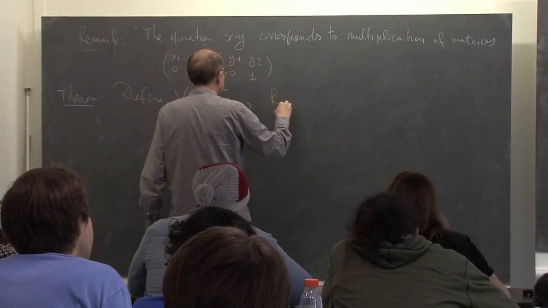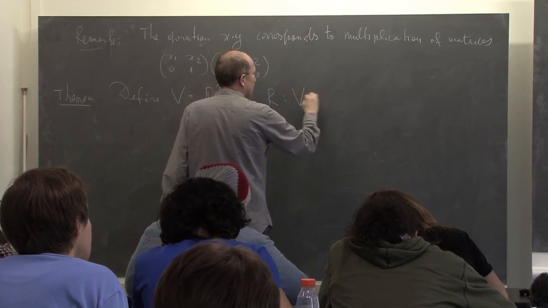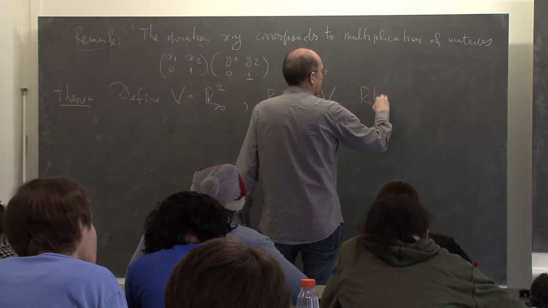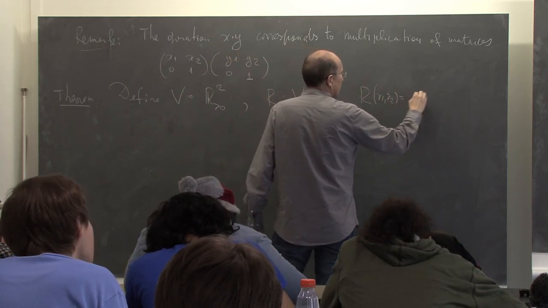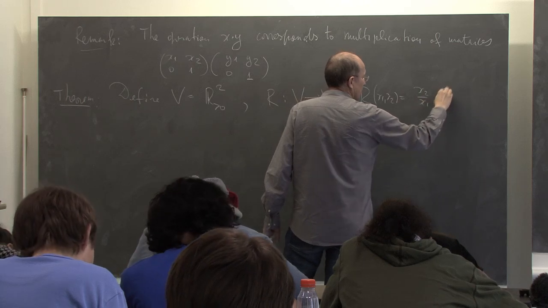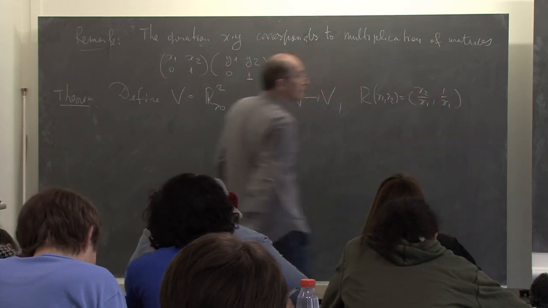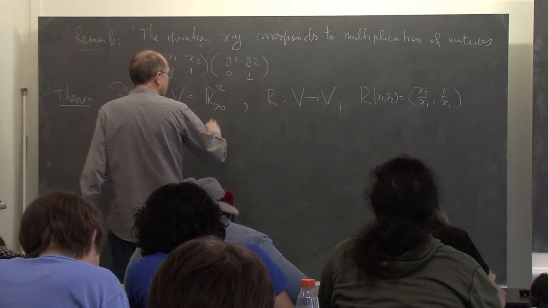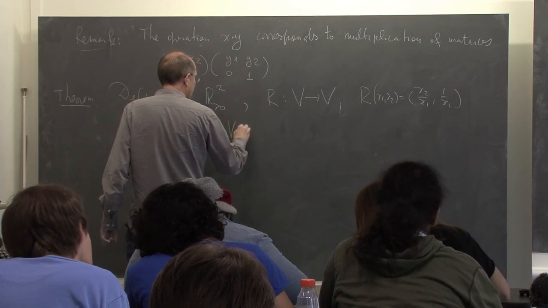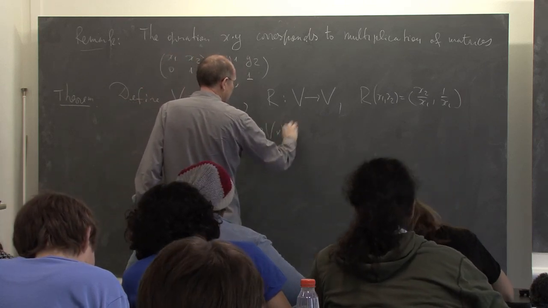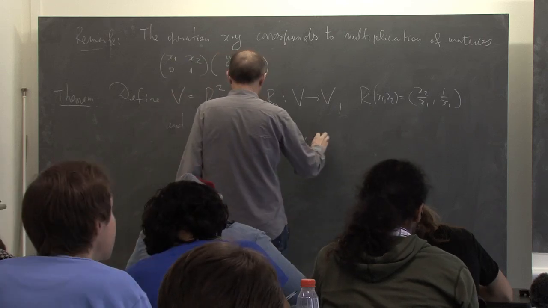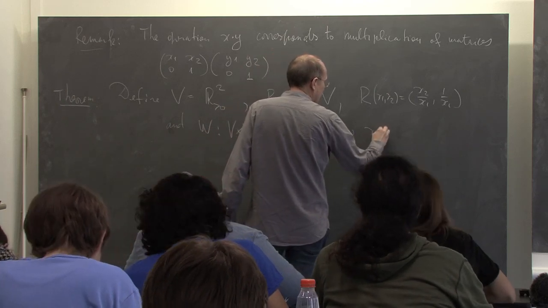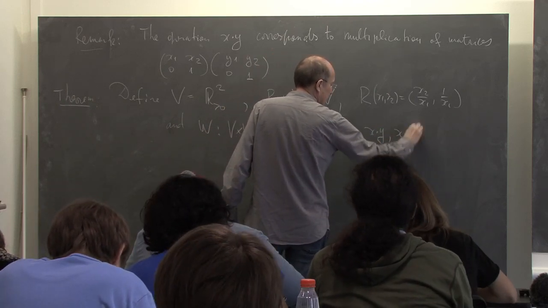Define R to be a map from V to V given by R of x1, x2 equals x2 over x1, 1 over x1. And W, which goes V cross V to V cross V, which sends x y to x dot y, x star y.